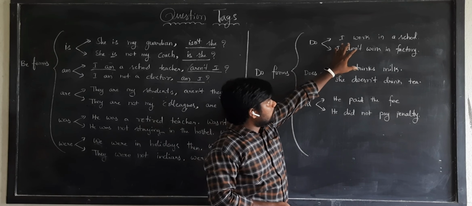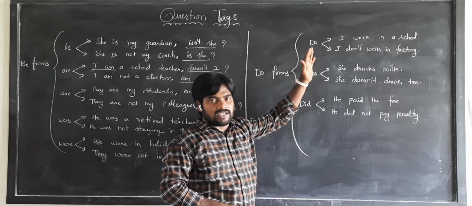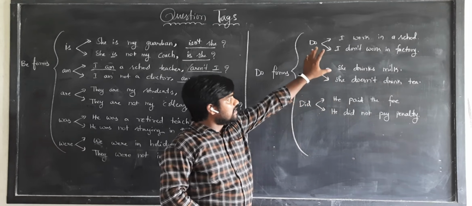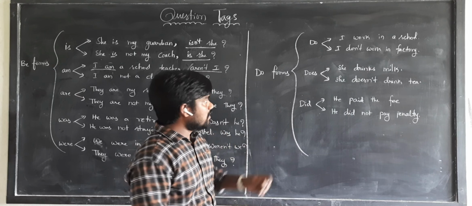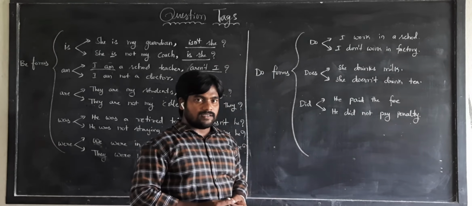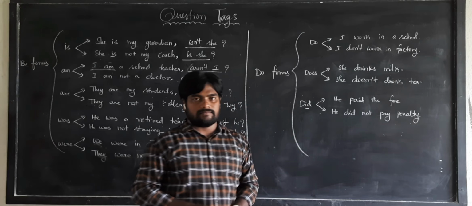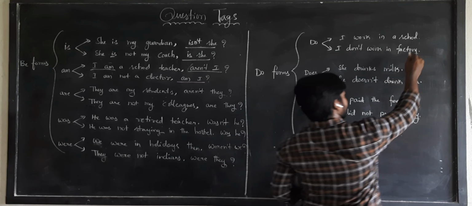But here we don't have auxiliary verbs. Seeing this, we have to keep auxiliary verbs. Since I gave you do, does, did, it will be easy here. For all the simple present tense, the do or does form will be taken. For all the simple past tense, did will be taken. Okay?